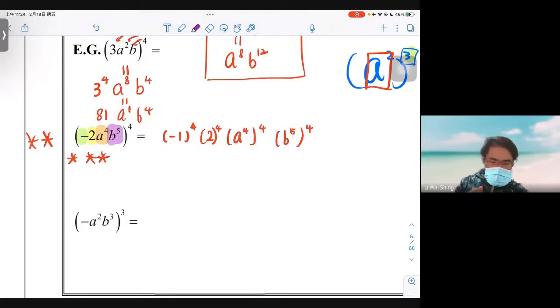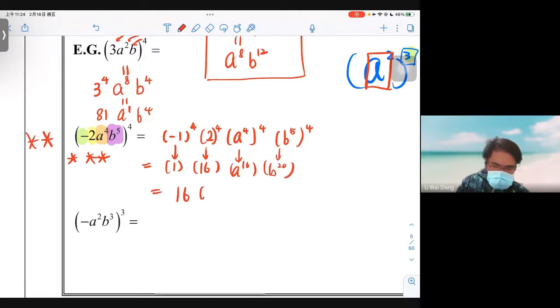Each of them gets the power 4. So at last, (−1) to the power 4 is equal to 1, 2 to the power 4 is 16, a to the power of 16, and then b to the power of 20. After simplification, you can have this result.